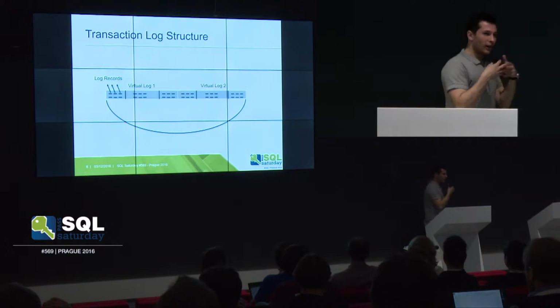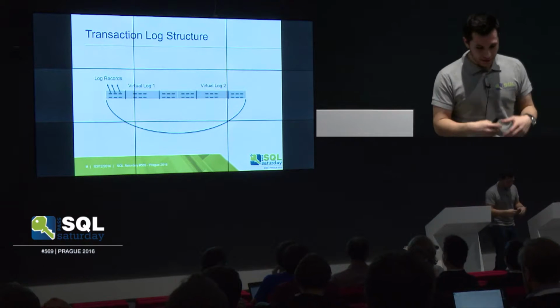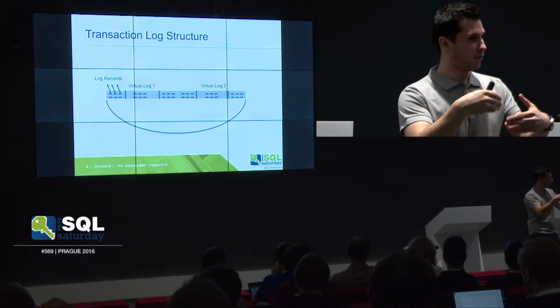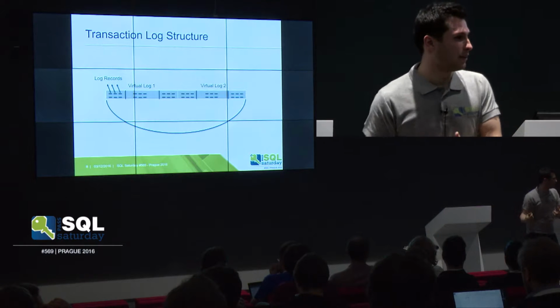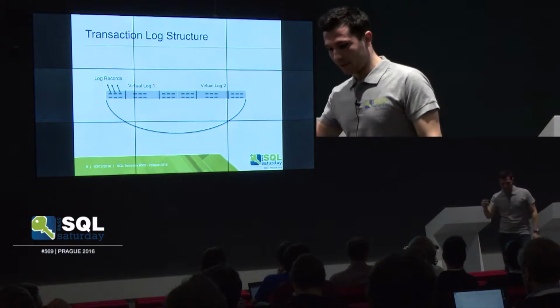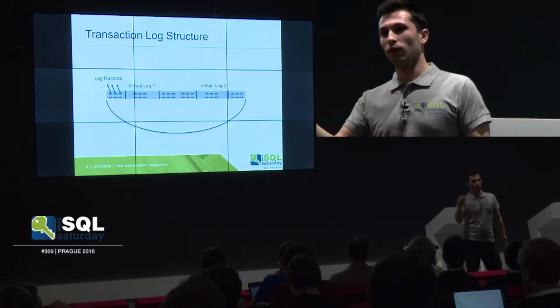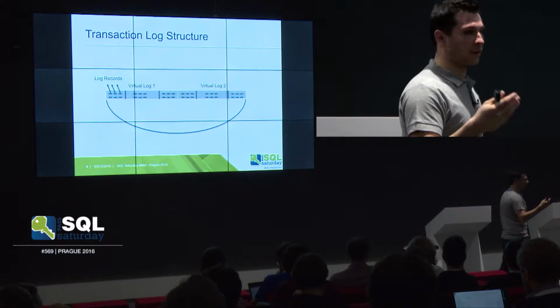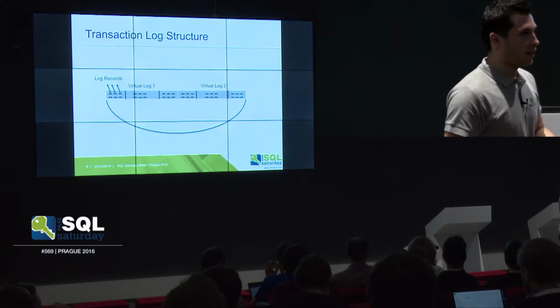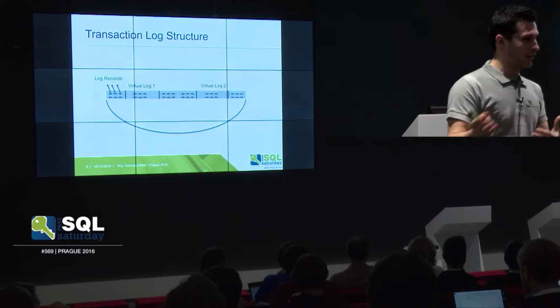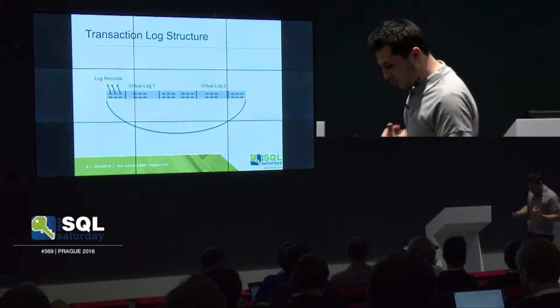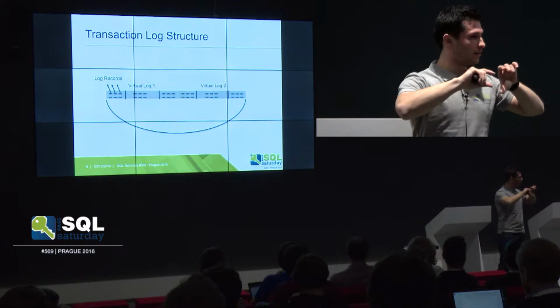So SQL Server is trying to do this walk clearing, and if all the records in this virtual walk file are not required anymore, which means that they are not part of a long running transaction, they do not need to be sent because you have a high availability feature running, or you do not need them for change data capture or anything else, SQL Server is able to clear this virtual log file.